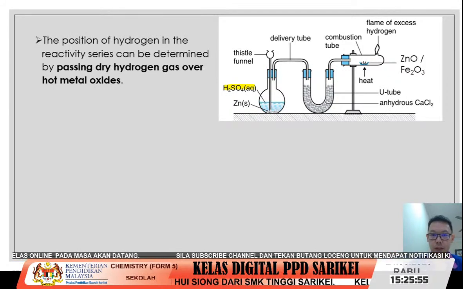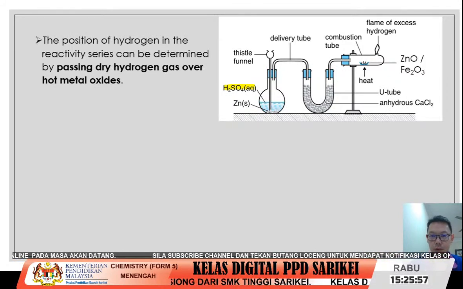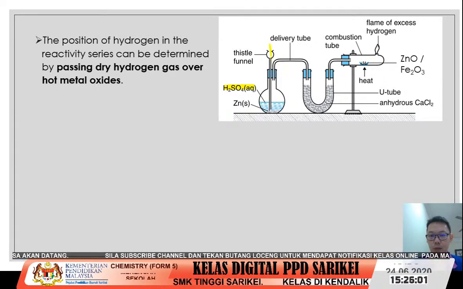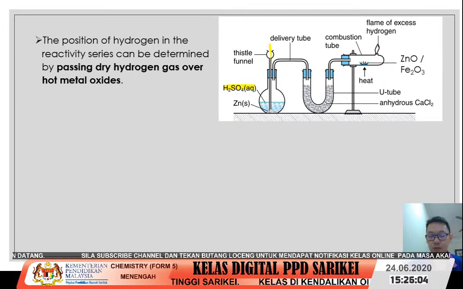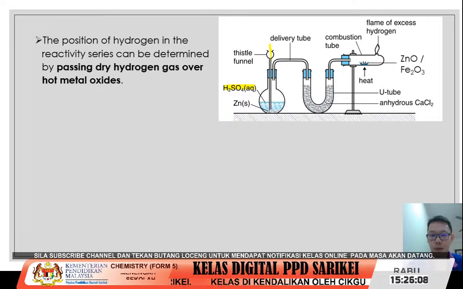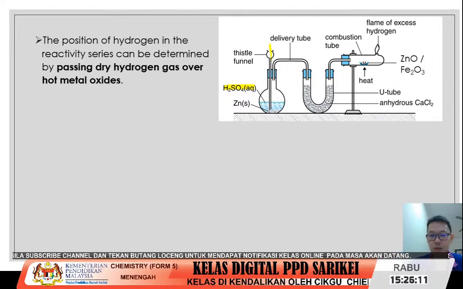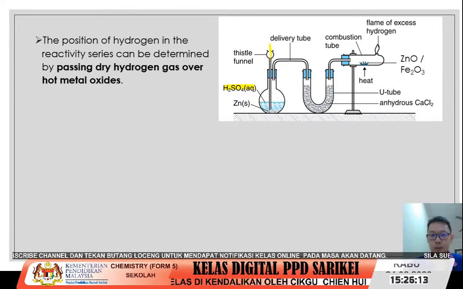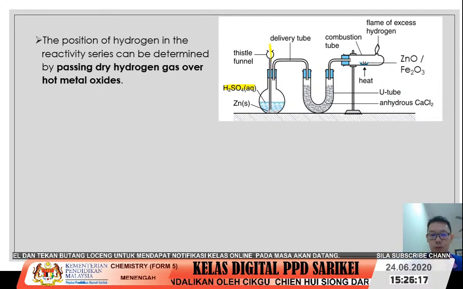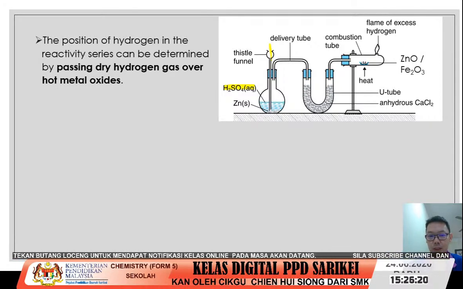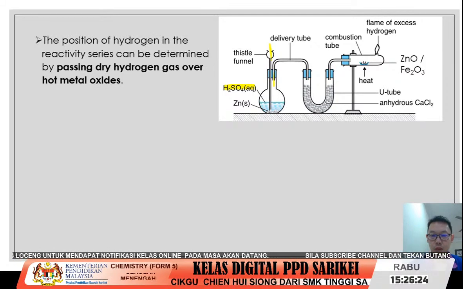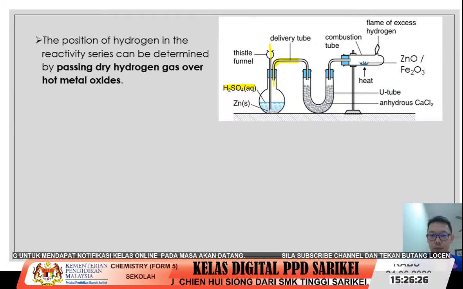We add the acid into the round bottom flask through this thistle funnel, and the end of the funnel should be below the level of the acid. This is to make sure that the hydrogen gas produced from the reaction between sulfuric acid and zinc has only one exit, that is the delivery tube.